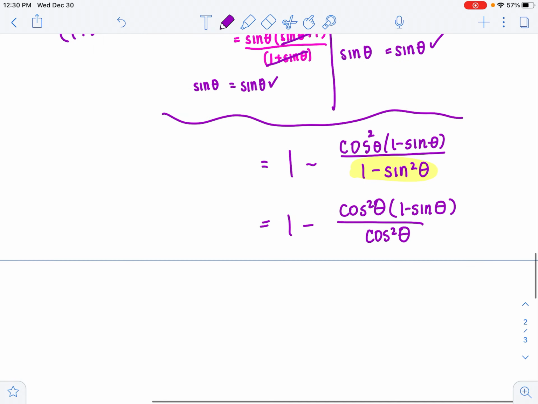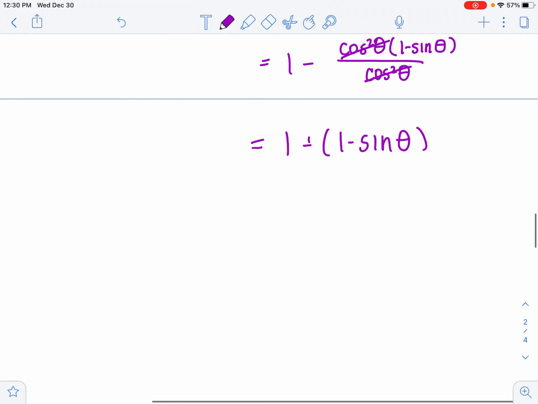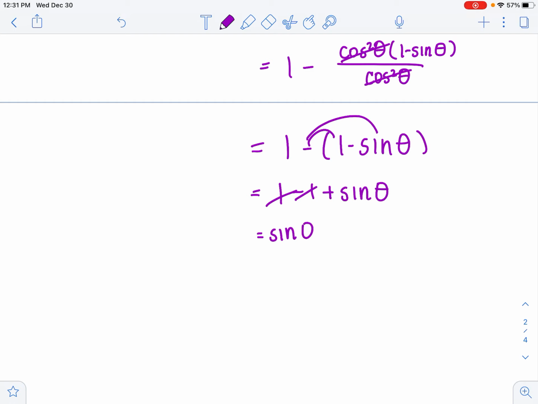Okay. All right, so then cosine squared and cosine squared cancel, and now it's just like the one that I did second. So 1 minus sine of theta. Distribute your negative. So that's 1 minus 1 plus sine of theta. Ones cancel, and that's sine of theta equals sine of theta.